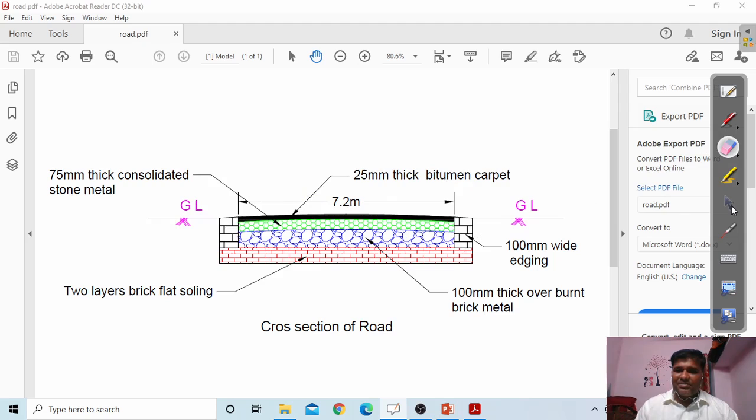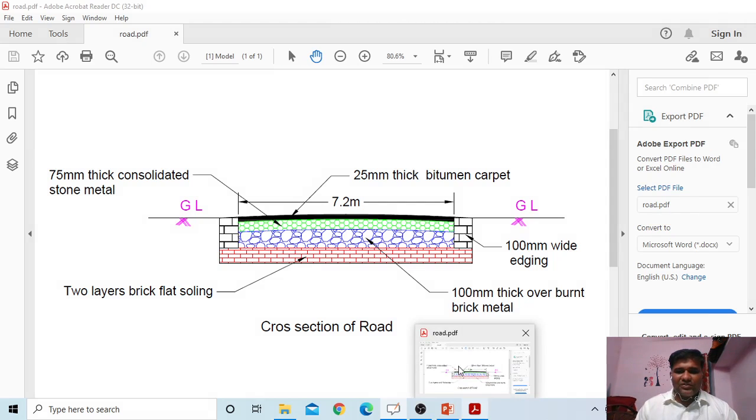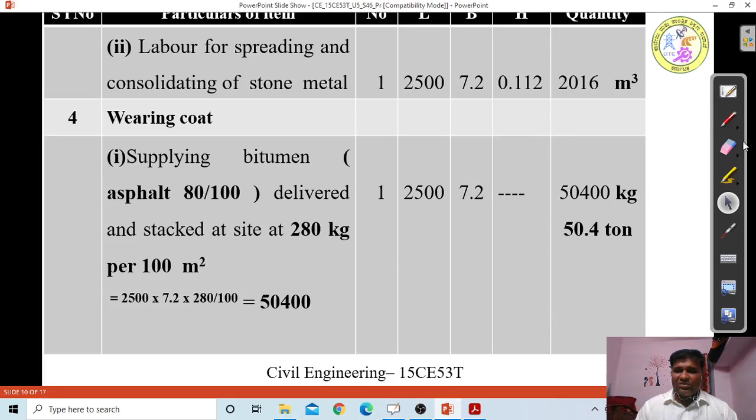Bitumen is a petroleum product obtained from the fractional distillation of petroleum, which has binding capacity to the aggregates, also resists water and yields considerable strength, resisting deformation from the vehicles. So the topmost layer is called the wearing coat.